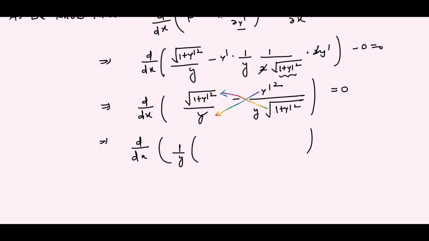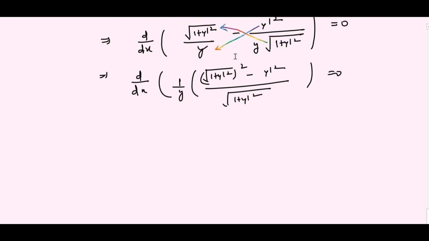So it will give, that is a square root of 1 plus y dash whole square negative y dash square over square root of 1 plus y dash square is equal to 0.